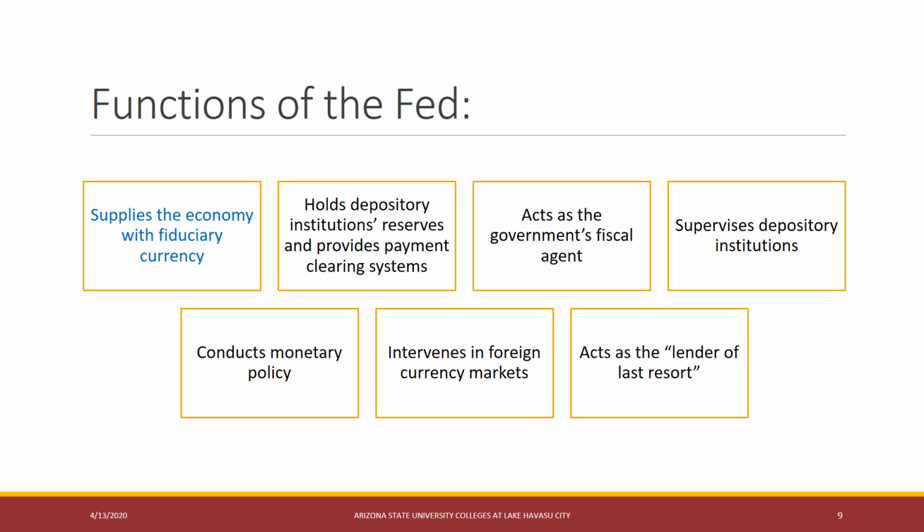Even though all the Federal Reserve Notes are printed by the Bureau of Engraving and Printing in Washington, D.C., each note is assigned a code indicating which of the 12 Federal Reserve banks first introduced the note into circulation. Moreover, each of these notes is an obligation, a liability of the Federal Reserve System, not the US Treasury.